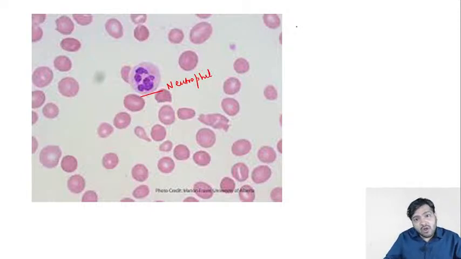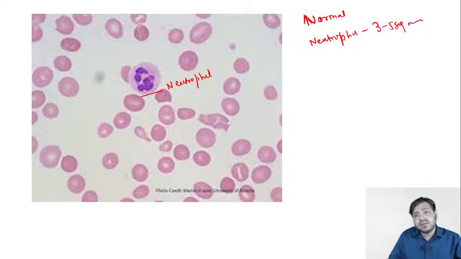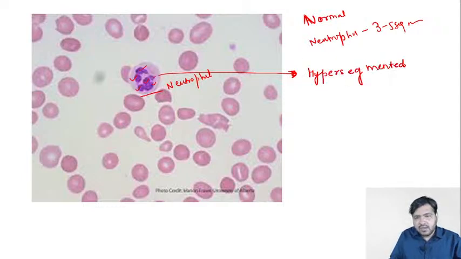In a normal neutrophil, you will appreciate that there are only 3 to 5 segments. It is a multilobulated structure, but over here you will be able to appreciate that there are multiple segments. So this is actually a hypersegmented neutrophil.